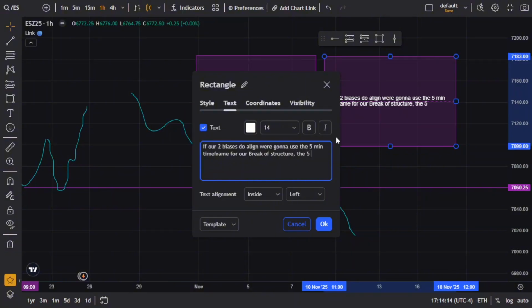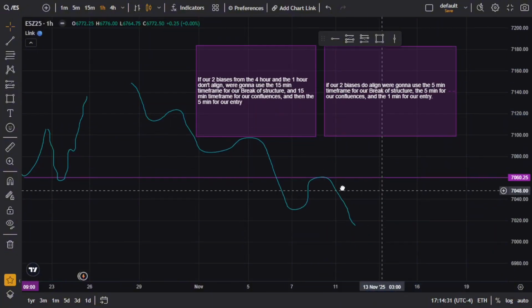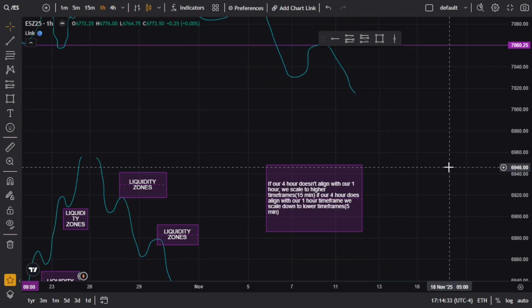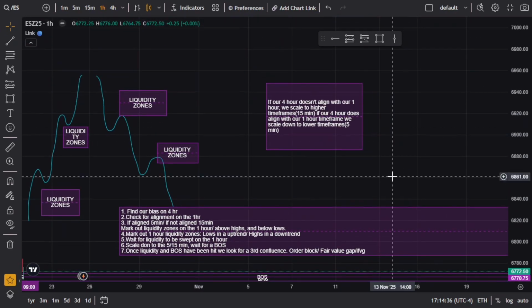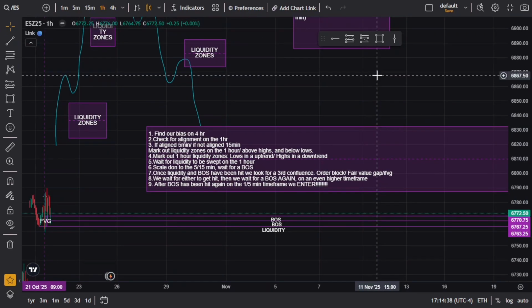The 5-minute for our confluences, and the 1 minute for our entry. Alright. Perfect. So what we're gonna do for step 1, check our bias for the day.